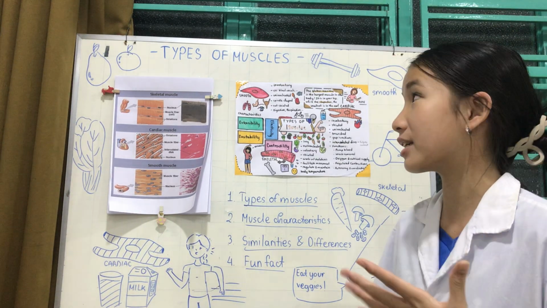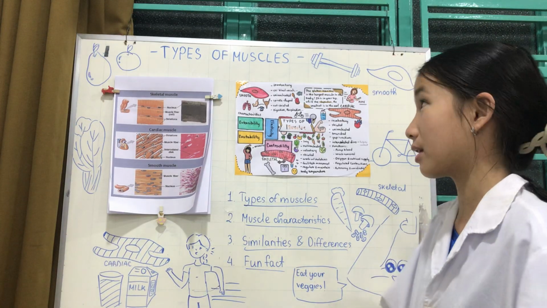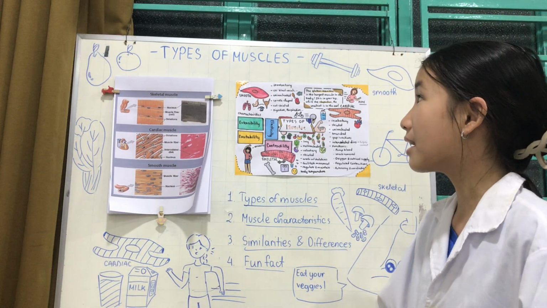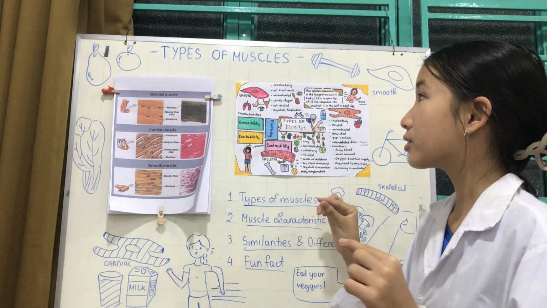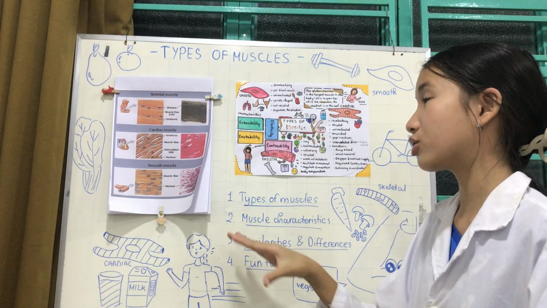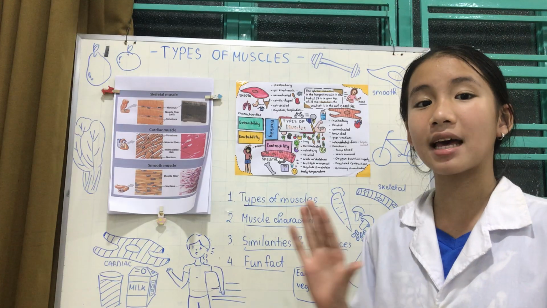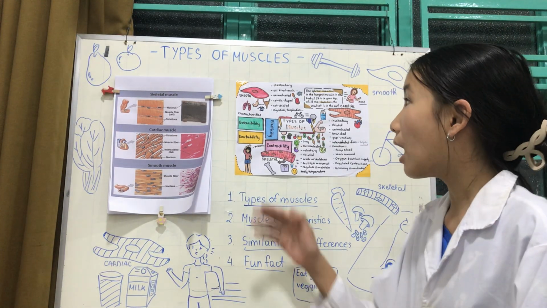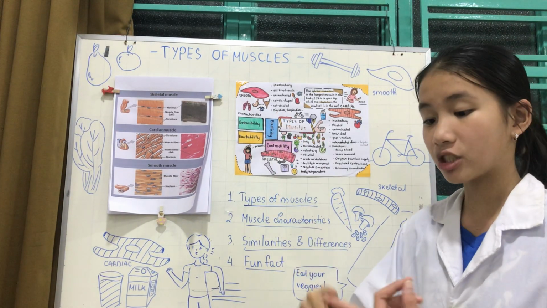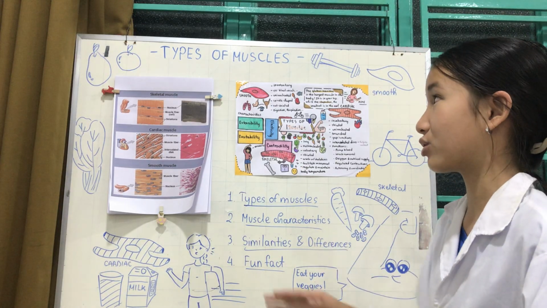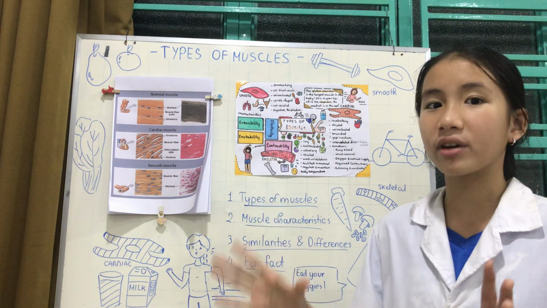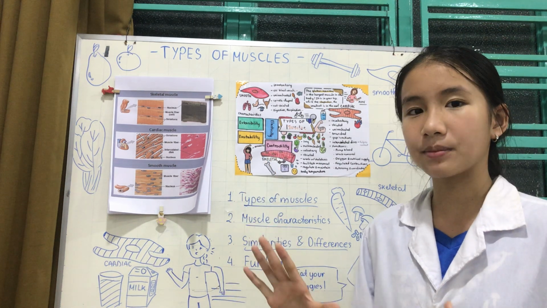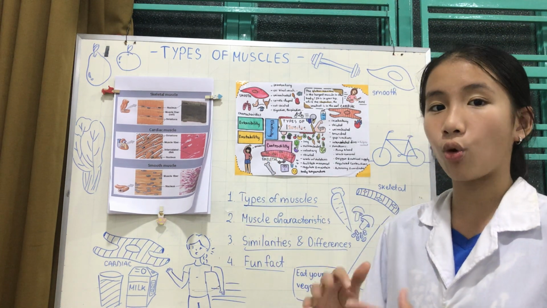It's uninucleated, which means that it has one nucleus. It is spindle-shaped, so it's thin, spindle-shaped, and it's not striated, which means that it is not striped. It also helps with digestion, respiration, etc. So the things that I've drawn here are some of the organs and systems that it works with.